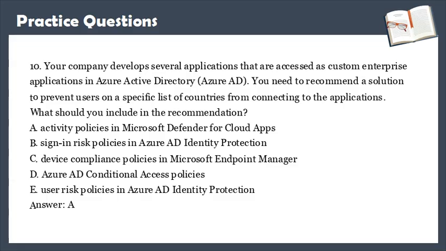A. Activity policies in Microsoft Defender for Cloud Apps. B. Sign-in risk policies in Azure AD Identity Protection. C. Device compliance policies in Microsoft Endpoint Manager. D. Azure AD Conditional Access Policies. E. User risk policies in Azure AD Identity Protection. Answer: A.